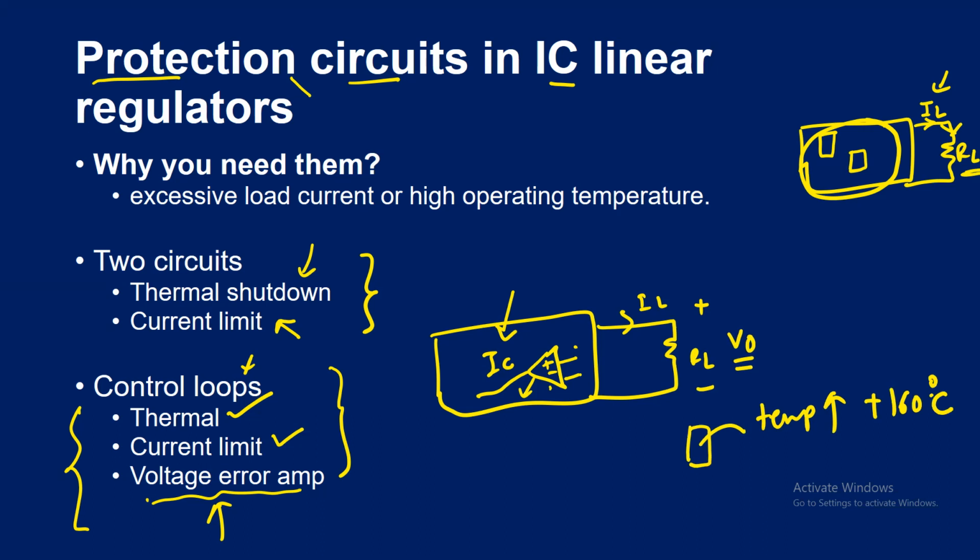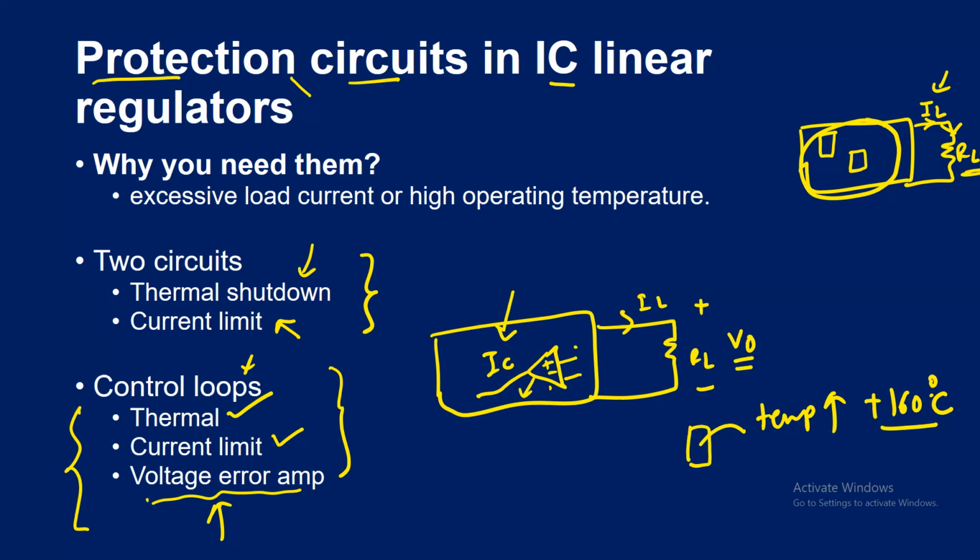Approaching the threshold above 160 degrees centigrade will cause thermal shutdown, which means the regulator circuit will cut the drive to the power transistor. Remember, refer to the previous video: there is a power transistor that delivers the load current. So it cuts the drive to the power transistor, thereby reducing the load current and subsequently the internal power dissipation.